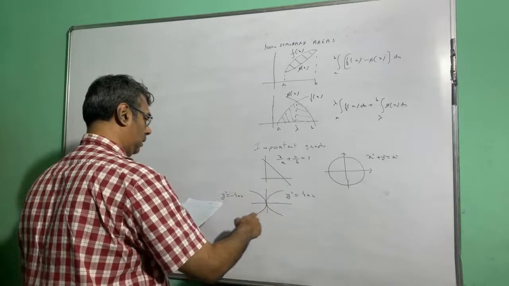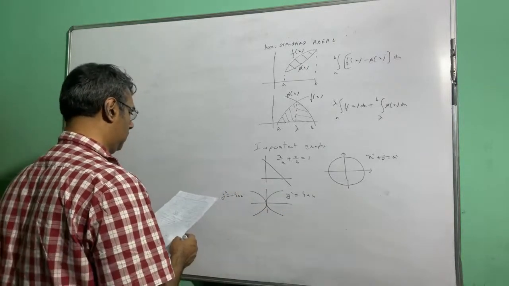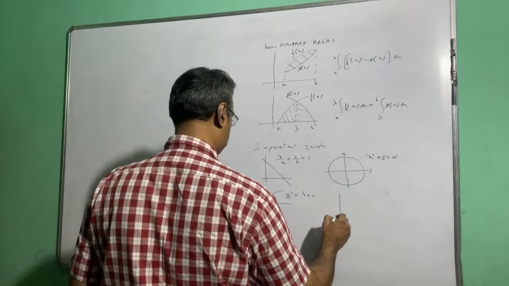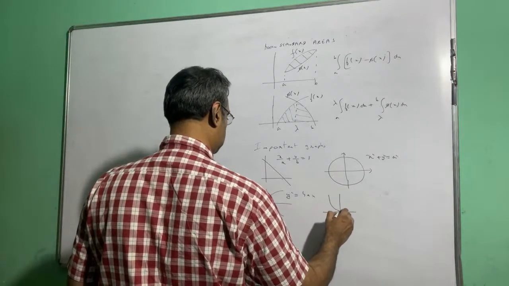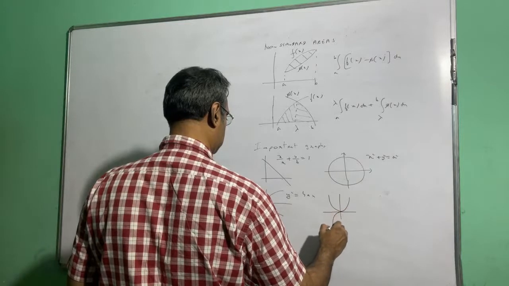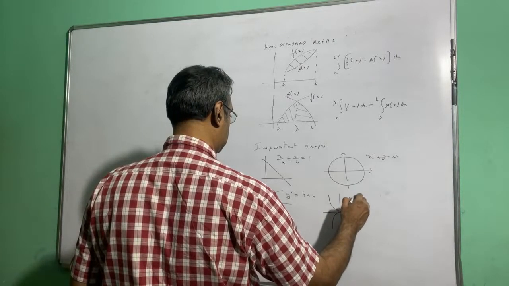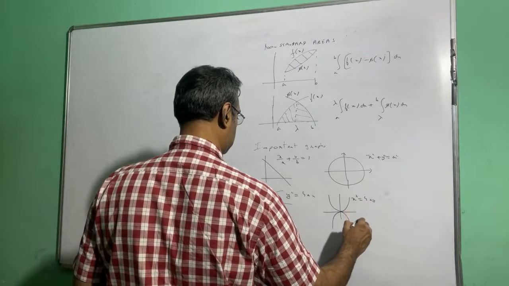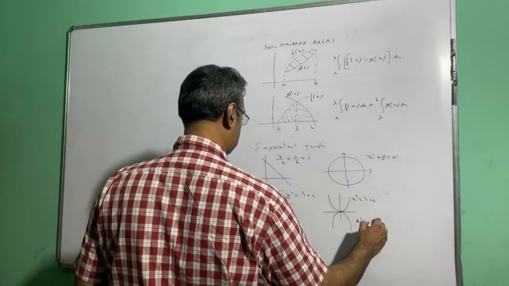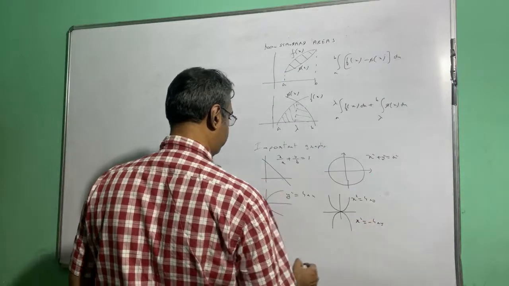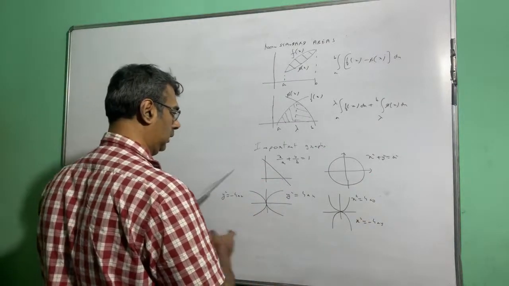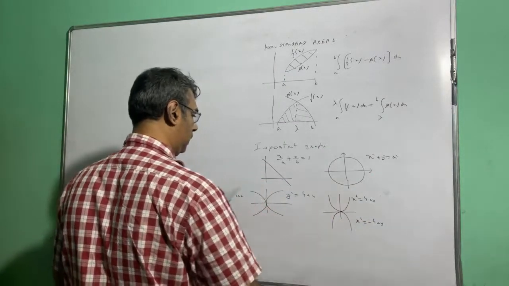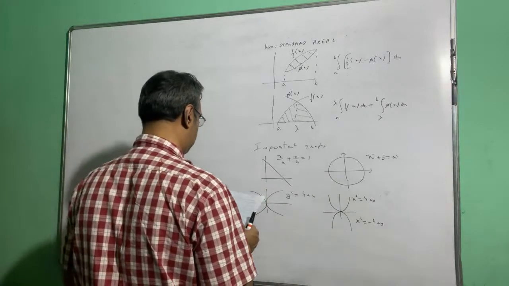Then y square equal to 4ax and y square equal to minus 4ax. Then x square equal to 4ay will open up and x square equal to minus 4ay will open down.